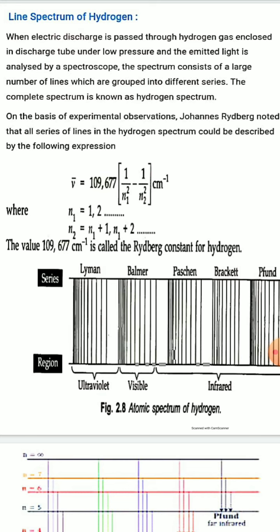When electrons radiate their energy, they reach the ground state, and the light or radiation emitted by the electron in the hydrogen atom, when passed through a prism, gives you a spectral line.